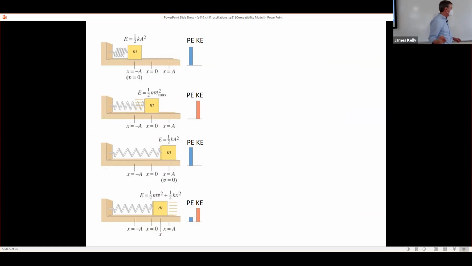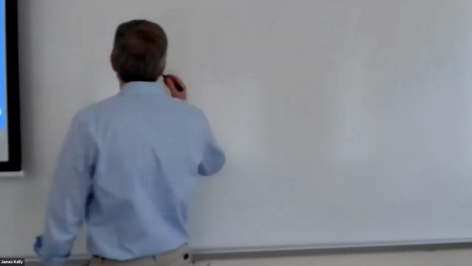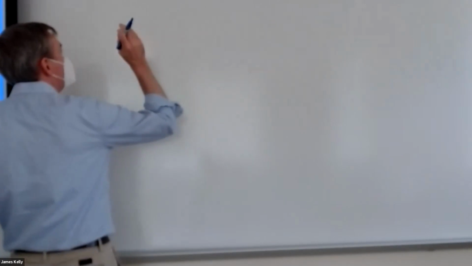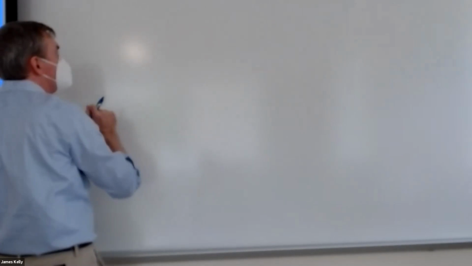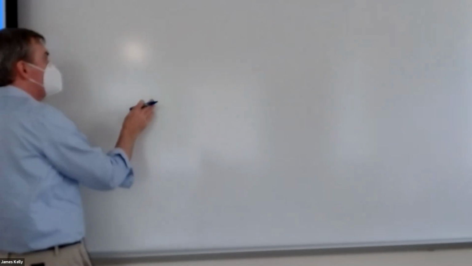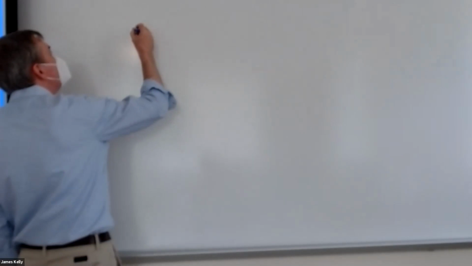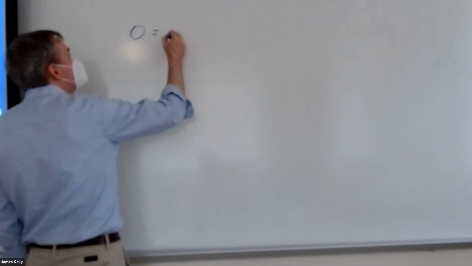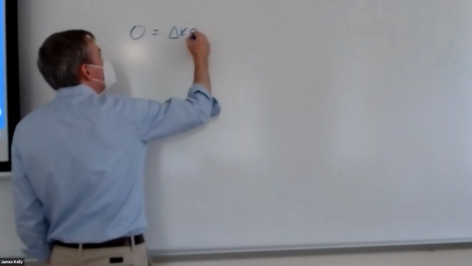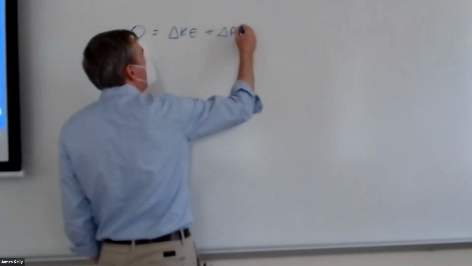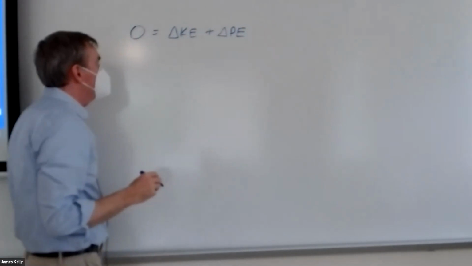I'm sure this must appear on one of my slides, but let's just write it on the board. Let's take our initial case to be where it is compressed and at rest, right? In the final position, it's at some random position x. And so we could say, again, same system, the change in kinetic plus the change in potential energy has to be equal to 0.